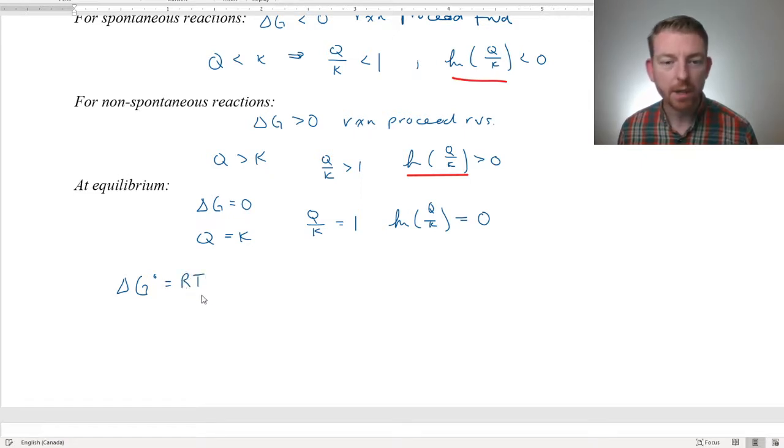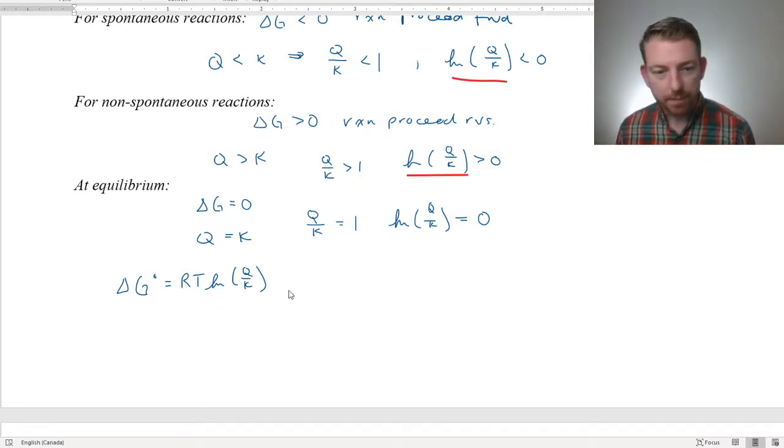So this is the gas constant, 8.314 joules per mole Kelvin, multiplied by the temperature, times ln of Q over K. Okay, so this is going to be our proportionality constant between these two values. So this is also equal to RT ln Q minus RT ln K.